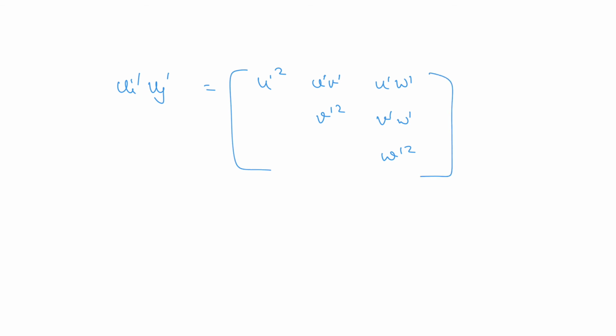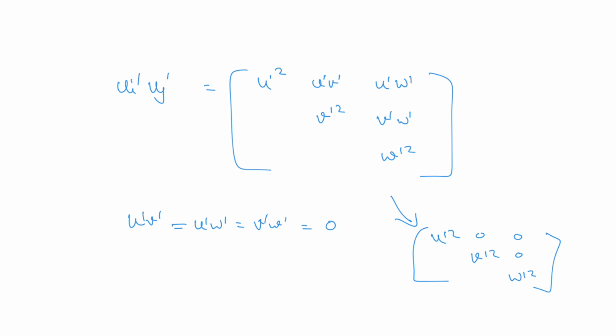So you have a tensor, and you know that this is a complete tensor which has an isotropic part and an anisotropic part. Suppose you say that I don't want to have this anisotropic part. What happens is u dash v dash equals u dash w dash equals v dash w dash equals 0. Then the remaining tensor will become u dash square, v dash square, w dash square.